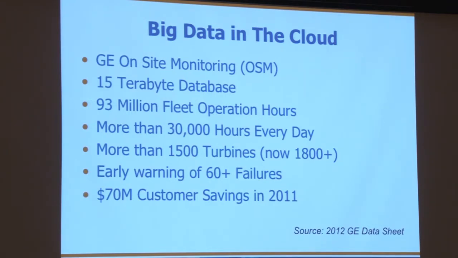And probably most importantly, whenever a GE turbine fails, they can look at the data for that turbine and they can compare it to all the other turbines that they're monitoring. And they've identified, as you can see up here, and this is a couple of years old, more than 60 failure modes that can tell them a turbine is about to fail. So they can then provide this very useful service to their customers.